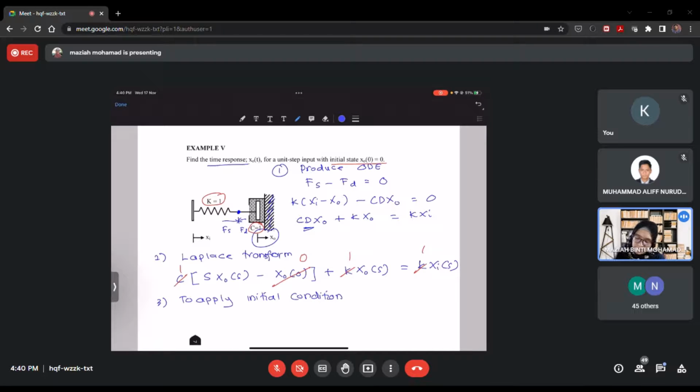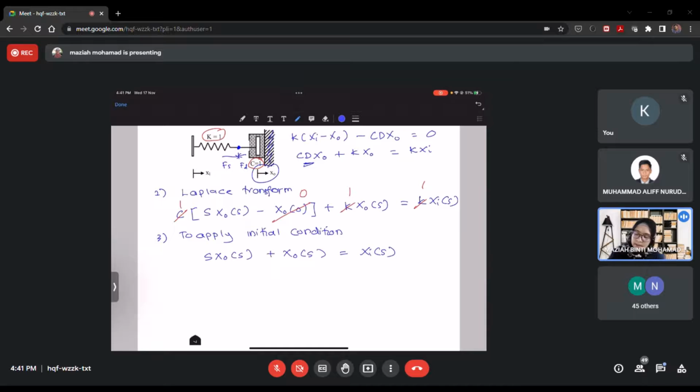So after we apply, the equation will be left with s X naught(s) plus X naught(s) equal to Xi(s). Xi(s) is the input.